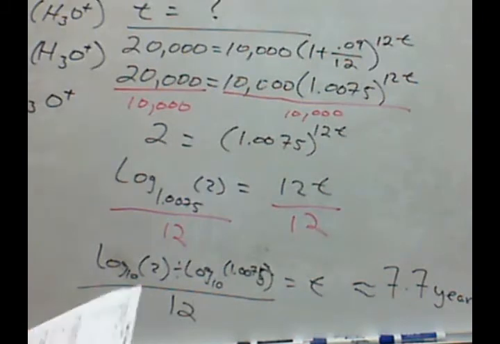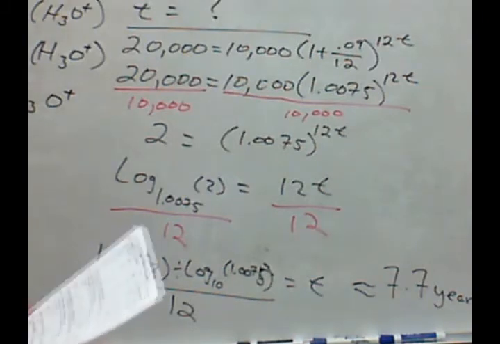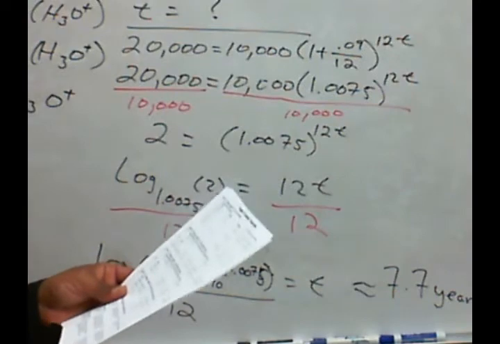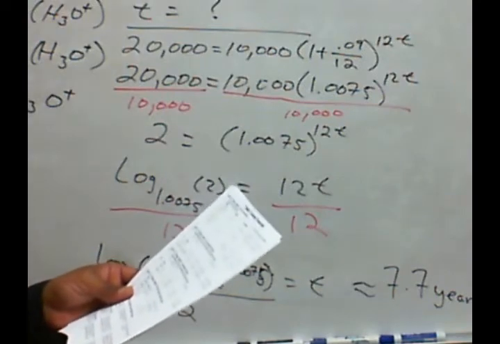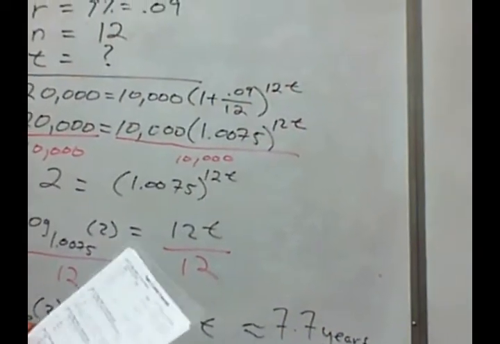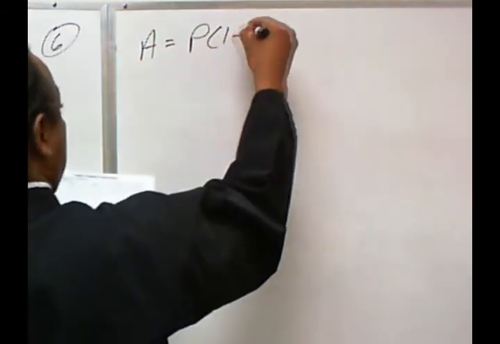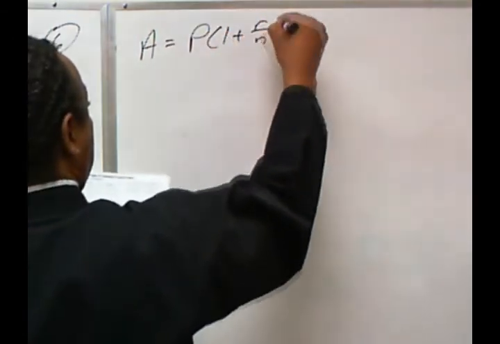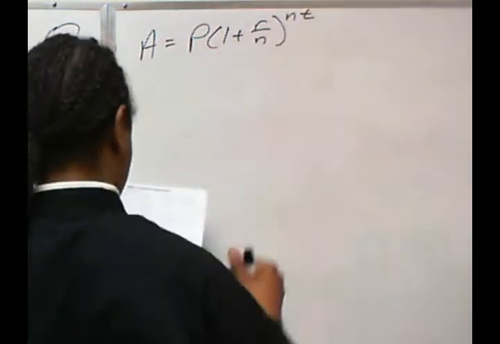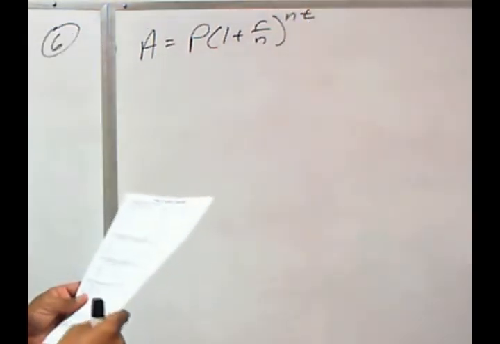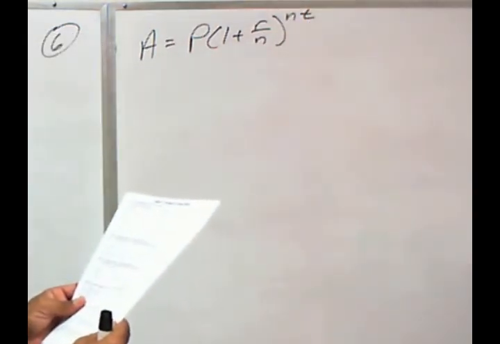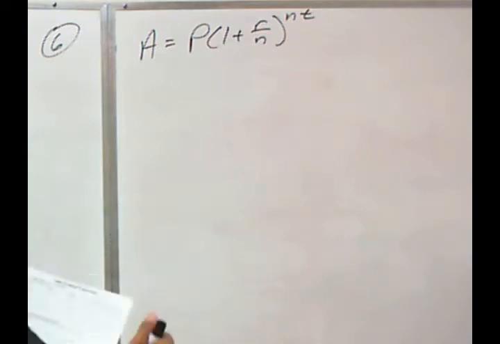Next, how many years should your money be compounded weekly at a rate of 12% to double any investment? So we have A equals P times 1 plus R over N, to the power of N times T, and this is going to be compounded weekly.